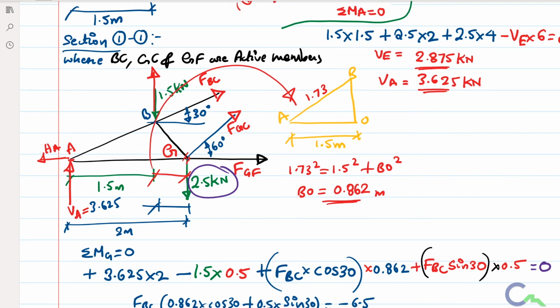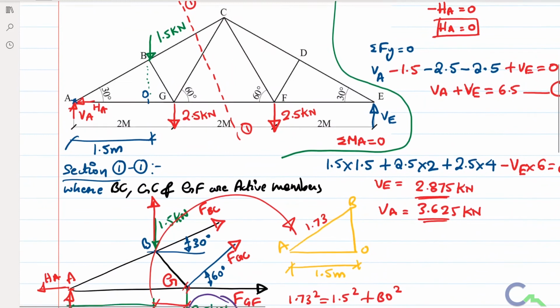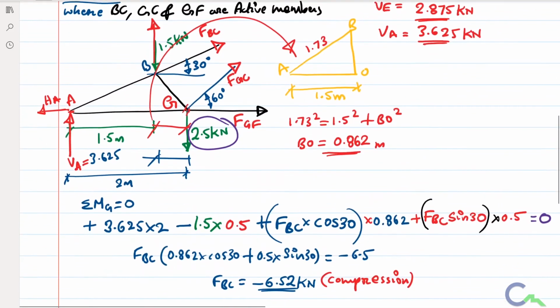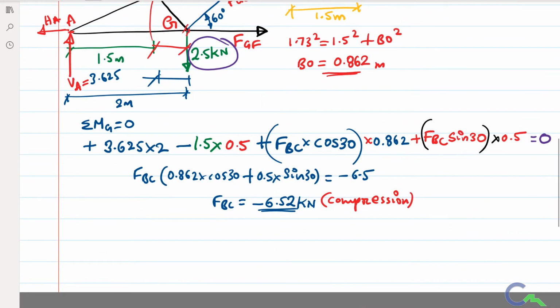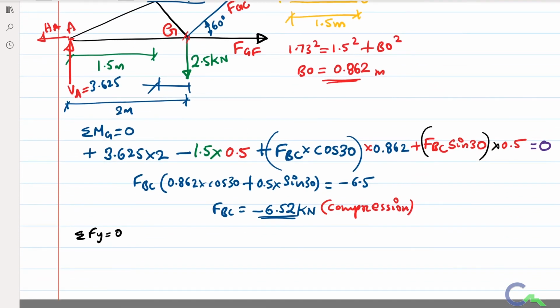So after calculating FBC, I want to calculate the value of FGC. For that I am going to apply the vertical equilibrium condition, that is summation of vertical forces is equal to 0. Here we have the first vertical force, that is 3.625 acting in upward direction, therefore 3.625.